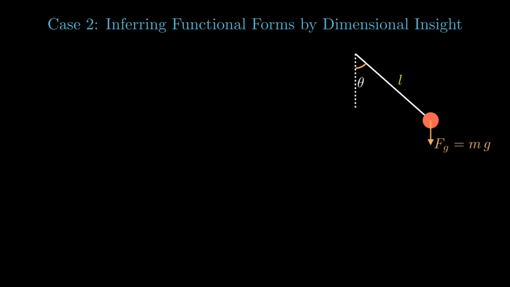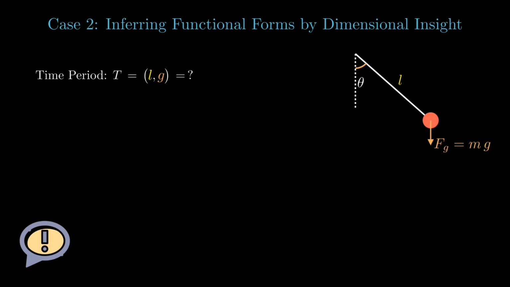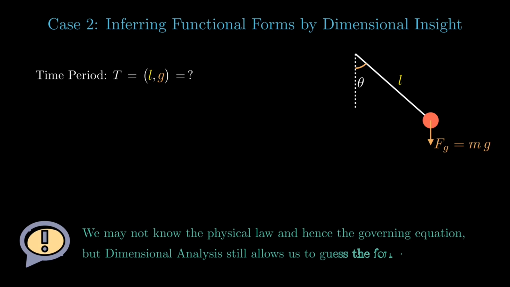What can the dimensions of these variables alone reveal about the time period T? You only know that the motion depends on 2 measurable quantities L and g, and that T must be a function of these two. Even in ignorance of the precise dynamics, dimensional analysis will fence in the answer.